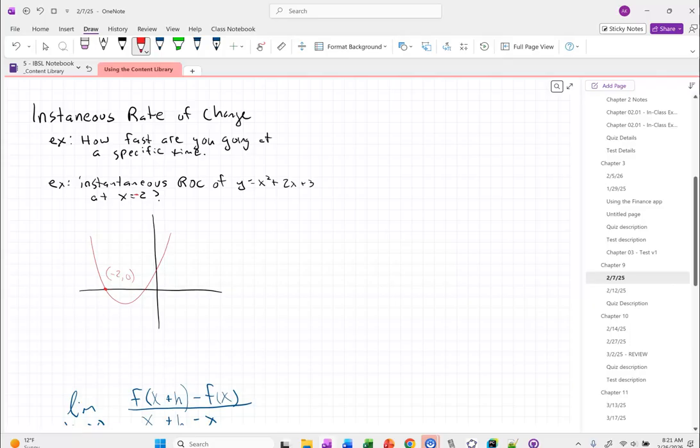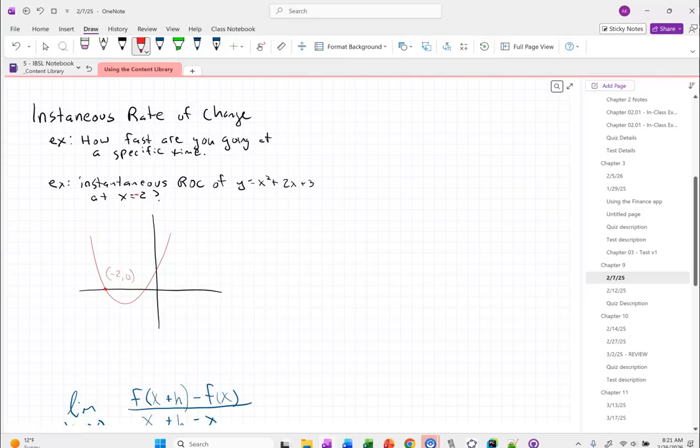So if I do y2 minus y1 over x2 minus x1, and x1 is equal to x2, and y1 is equal to y2, what do I get? 0? Nope, not quite. I get 0 over 0, right?